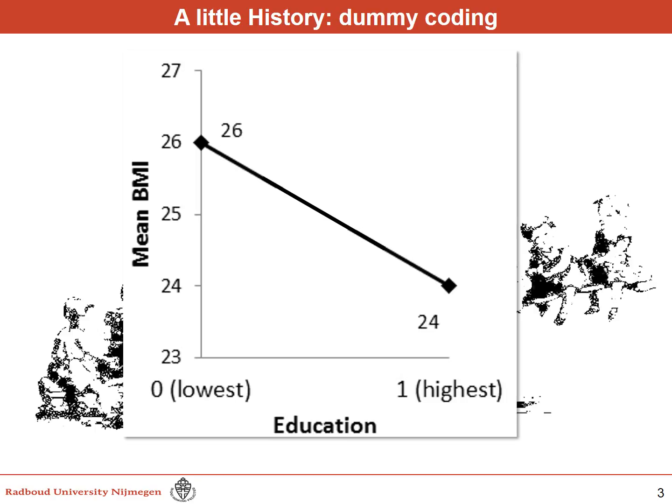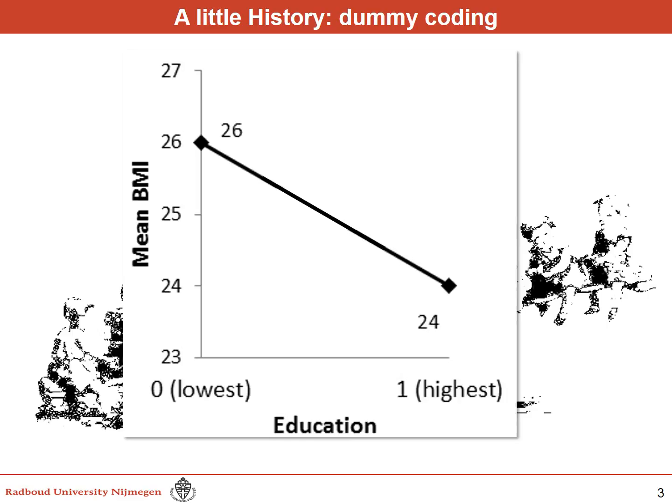Before I explain the weighted effect coding, we first take a look at the most popular way of coding categorical variables. I have a very straightforward example here. It's about the relationship between education and the body mass index.